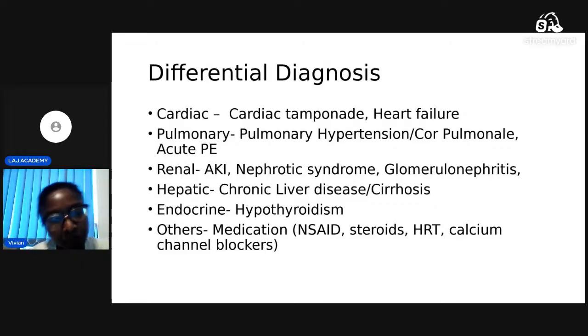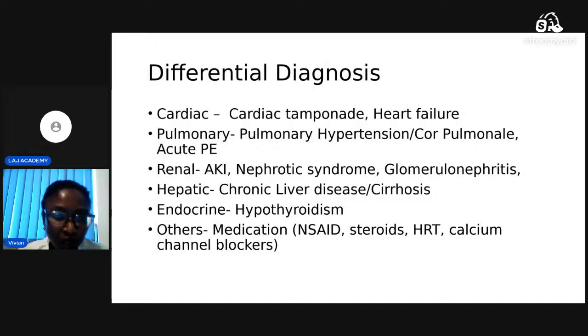With that presentation, these are the differential diagnoses. It could be of cardiac origin, either cardiac tamponade or heart failure, or of pulmonary origin: pulmonary hypertension, cor pulmonale, or acute PE. It could also be of renal origin: AKI, which we're going to be discussing later on, nephrotic syndrome, glomerulonephritis.